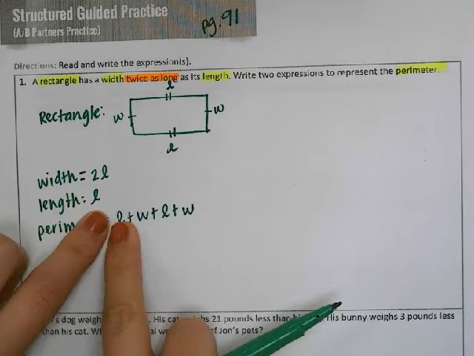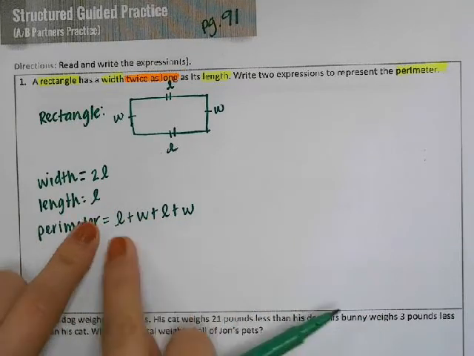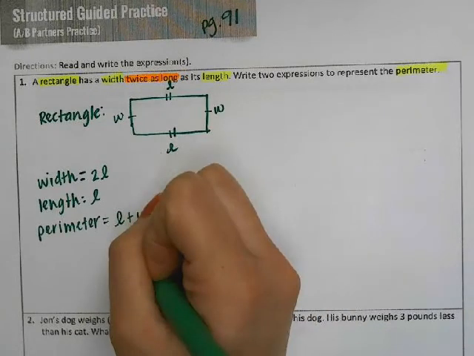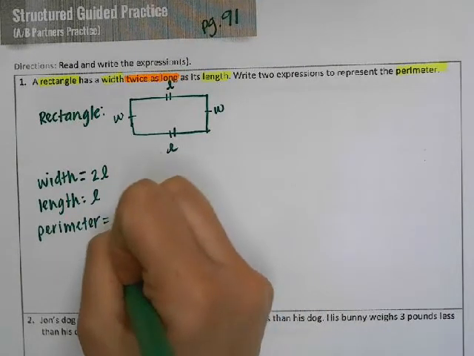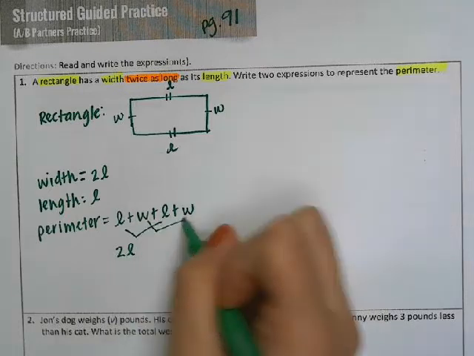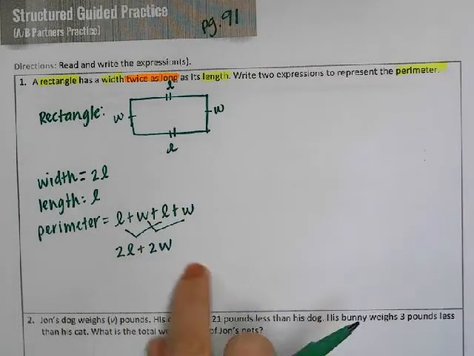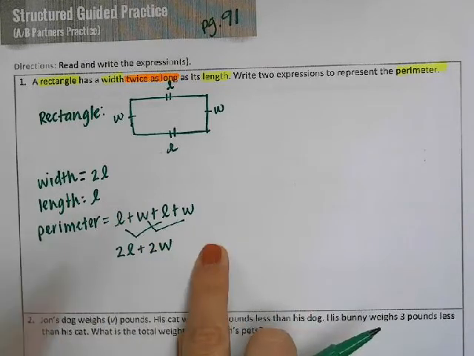Remember, there are invisible 1s in front of all of these. So how many L's do I have together? I have 2 L's, so if I put my L's together, this becomes 2L. And I have 2 W's, so 2W. All I did was combine my like terms.